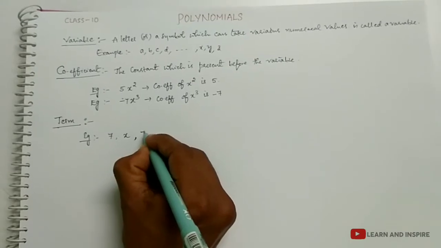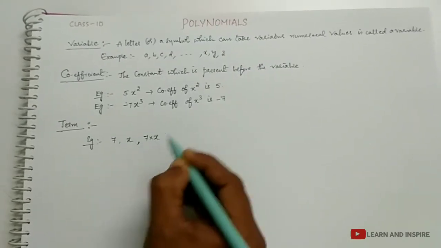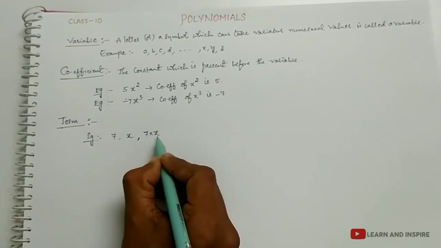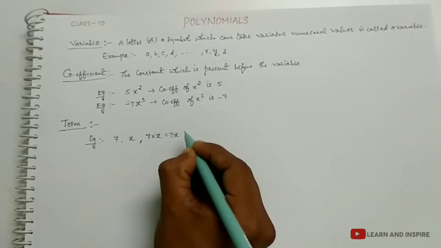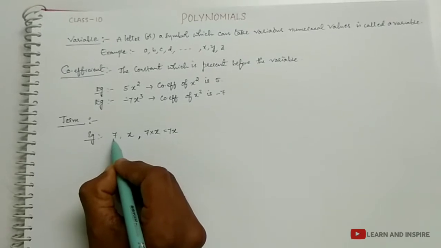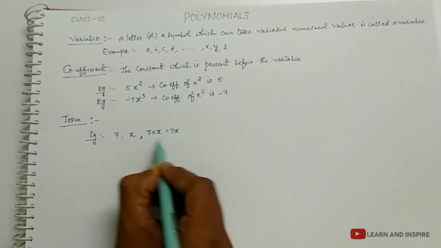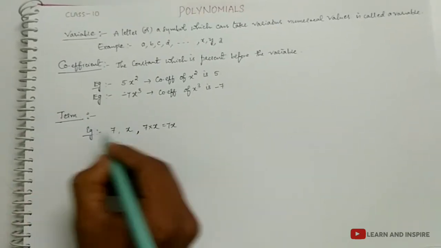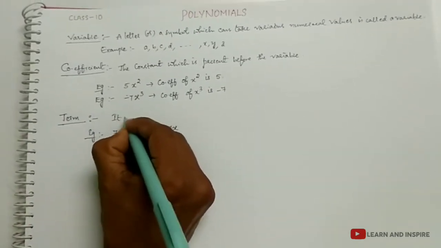Product is nothing but multiplication. The product of a constant and a variable gives 7x.